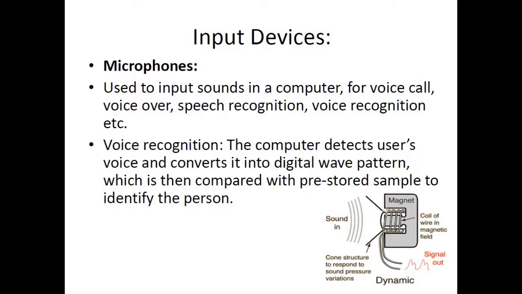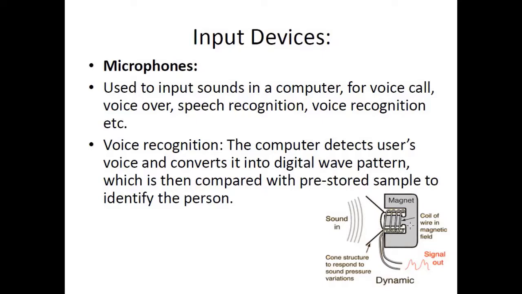Before we discuss them, let's see how a microphone works. Sound produces waves in the air. These waves strike a cone, which has a diaphragm behind it, and when these waves collide, the diaphragm moves, which is connected with a coil of wire wrapped around a magnet.